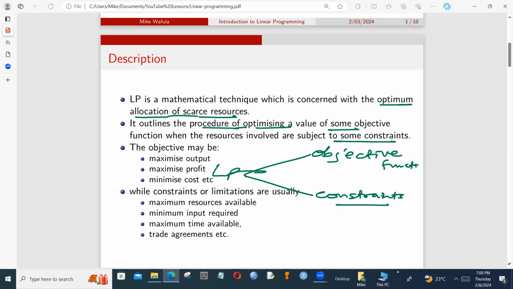The constraints could be, for example, the maximum resources available. Resources could be in terms of the labor available, the time available, the inputs required, or any government restrictions or trade agreements. Those are some of the examples of constraints that you have to fulfill even as you seek to find the best alternative.